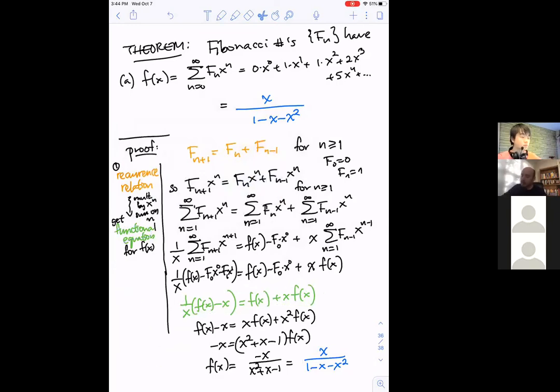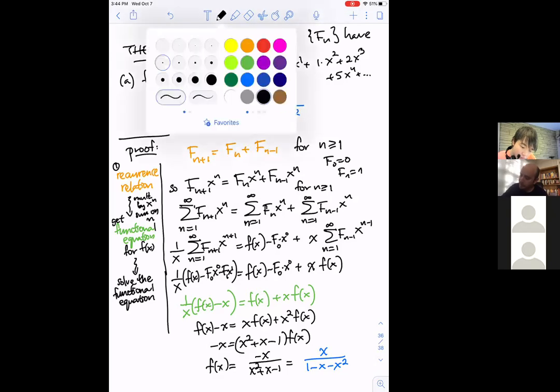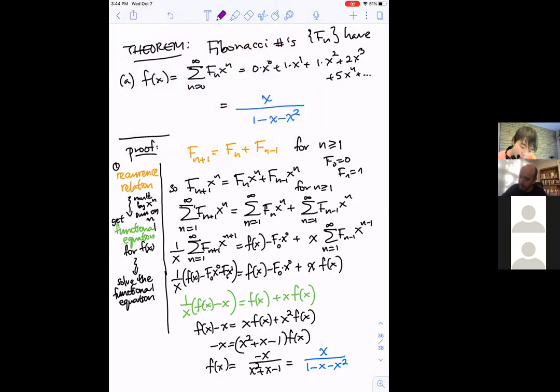And then what you try to do is solve that functional equation for f of x. And this is the place where quite often you have to use different techniques. We were just able to monkey around with some algebra. Sometimes the functional equation gets phrased more in terms of a differential equation or an integral equation. And then the technique that you have to use for solving it might be different.